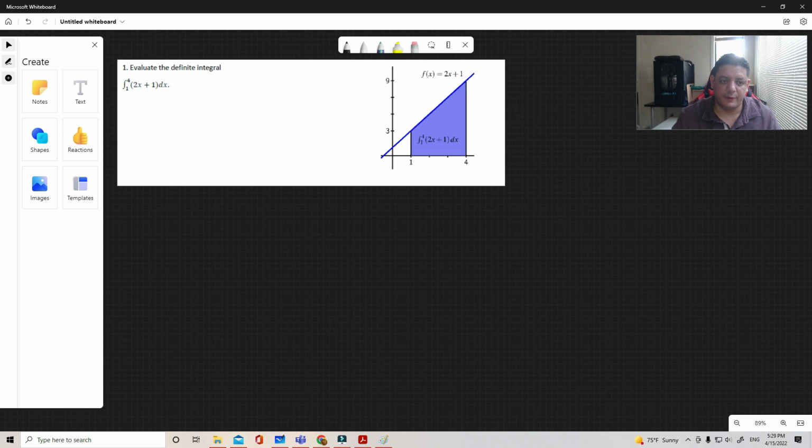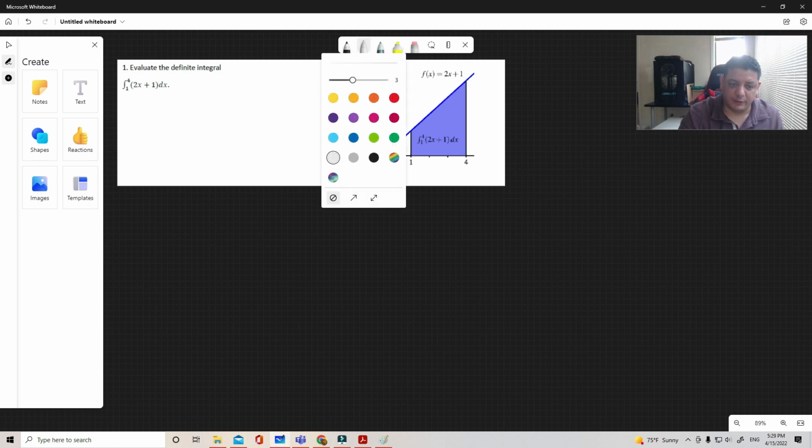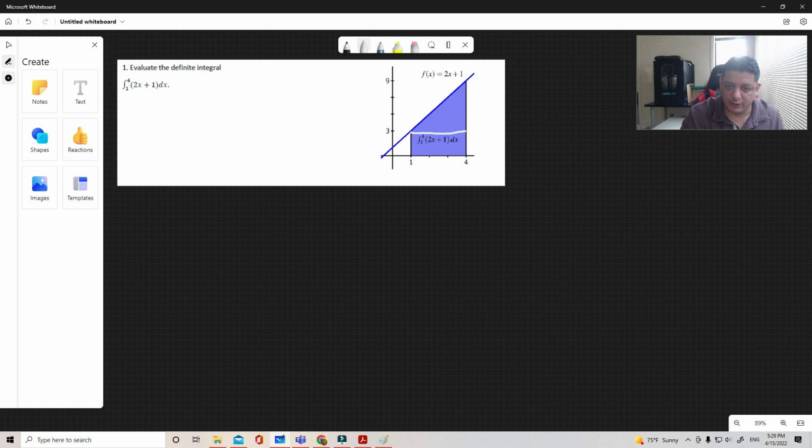Now consider the following integral. In this case, we're going to be able to find the area below the curve by splitting the area into two geometric figures. So if we take everything from here to here, notice that we can assign some sort of rectangle to this area, and we're going to have a triangle from here.